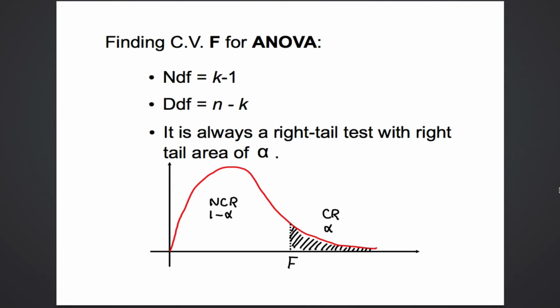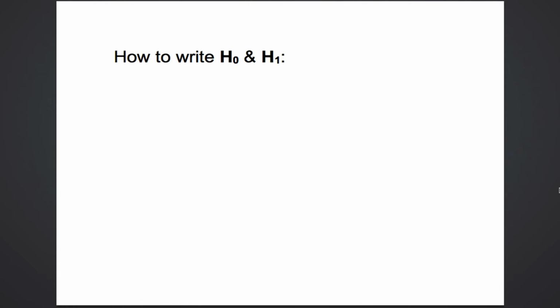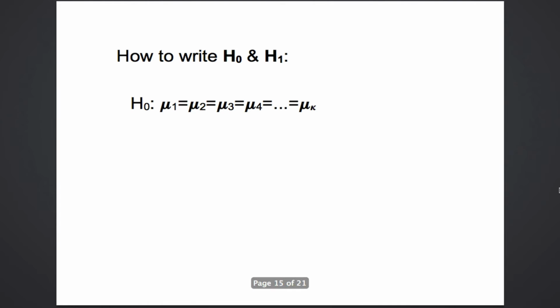Now, how are we going to write the null and alternative hypotheses? The null hypothesis will be that the mean of population 1 is equal to the mean of population 2, is equal to the mean of population 3, and so on. So H0 is that all the population means are equal.